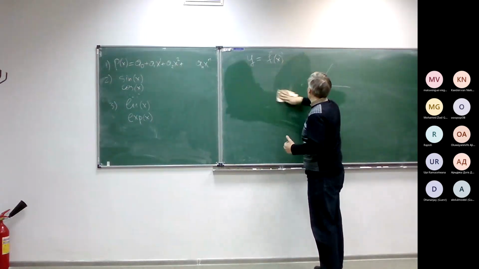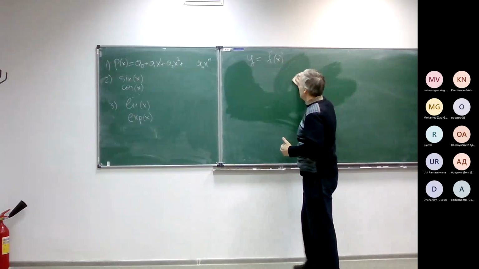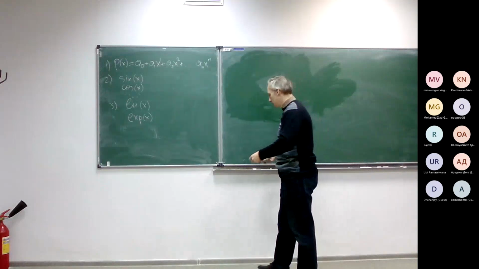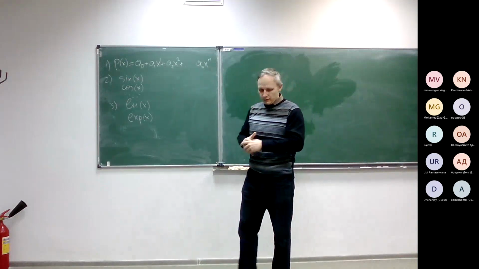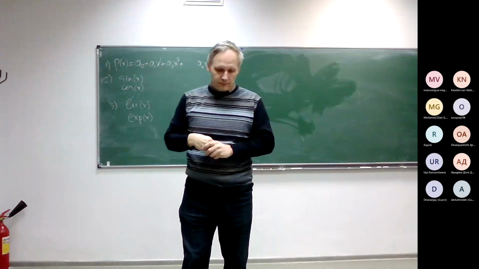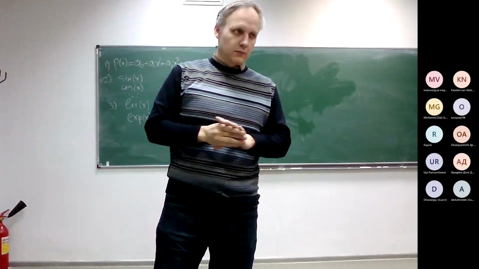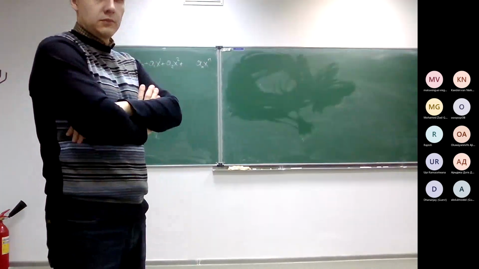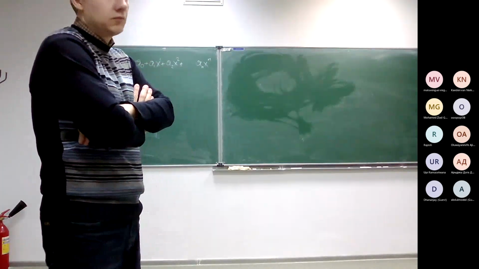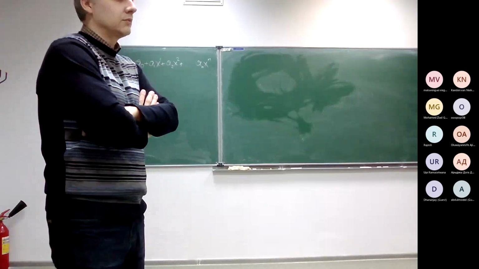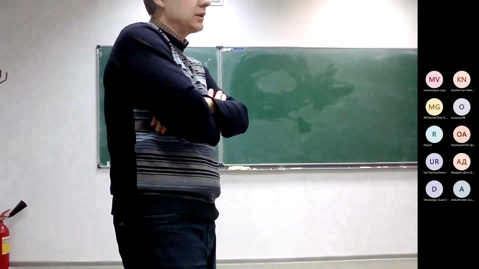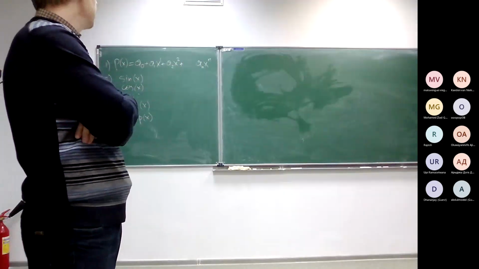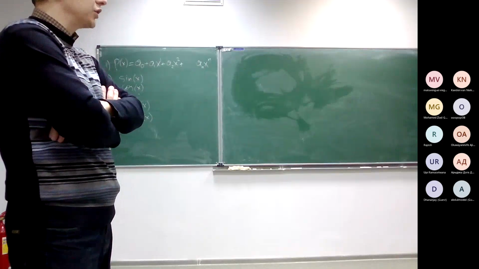We can say the derivative of a function at a certain point is defined as the limit when delta x tends to 0 of the difference f of x plus delta x minus f of x over delta x. Excellent, yes, it's a strict definition.